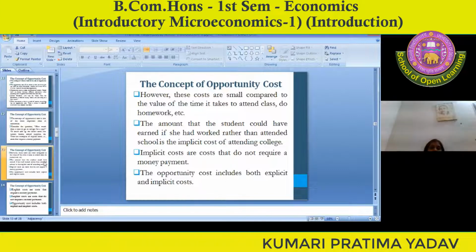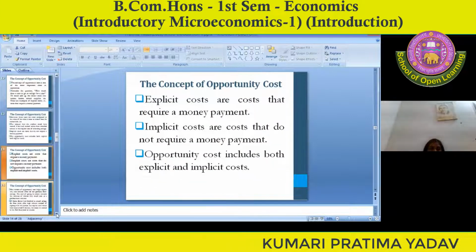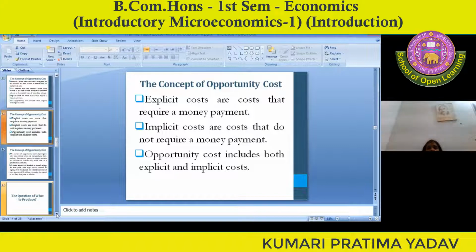So opportunity cost includes both. Explicit costs are costs that require a money payment. Implicit costs do not require a money payment. And what is the opportunity cost? When you add explicit and implicit both, that is called the opportunity cost.